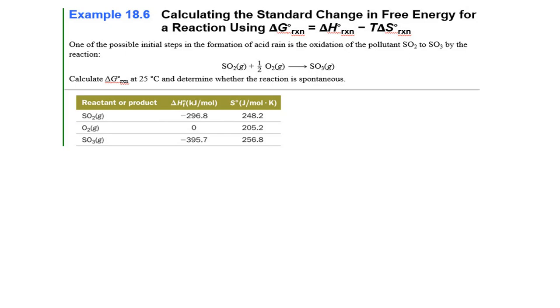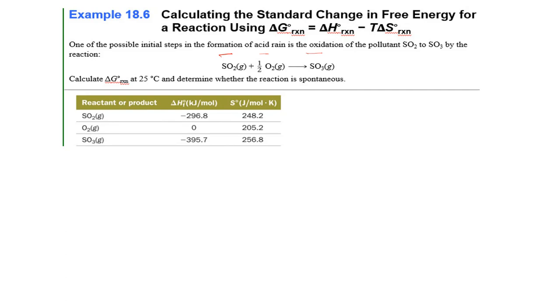Like for this chemical reaction, we have sulfur dioxide, then we have oxygen, then we have sulfur trioxide. So you can be given entropies and enthalpies of these species to determine the change in free energy of this reaction.